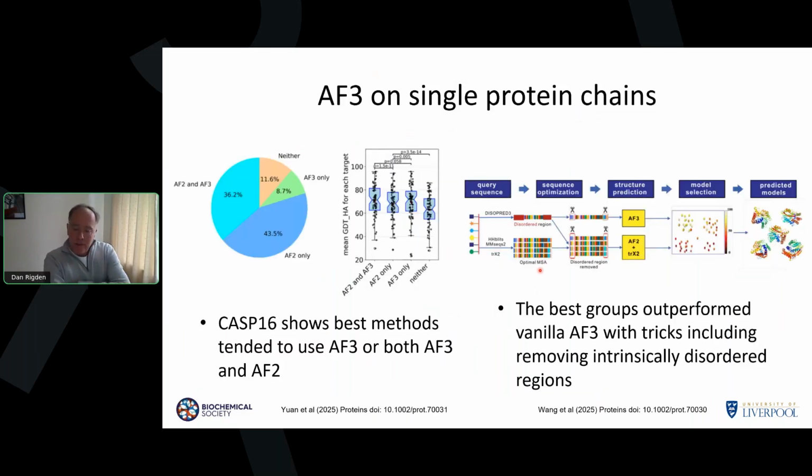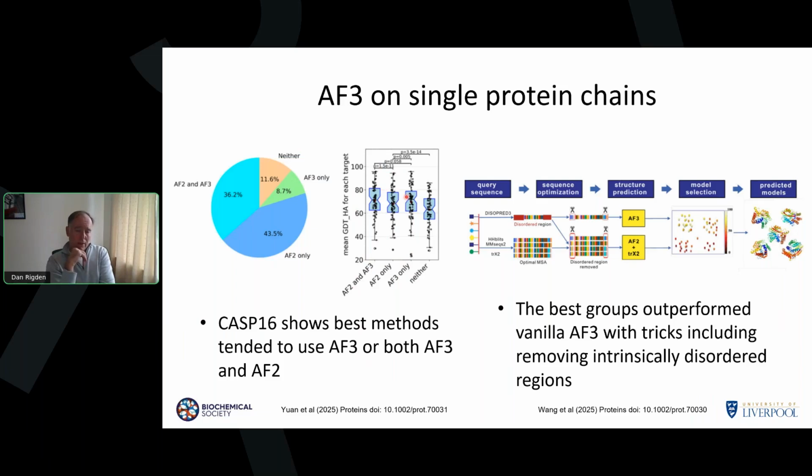So moving on to AlphaFold 3 and various tasks you might want to challenge it with. You might want to be modeling a single protein chain. We could already do that very well with AlphaFold 2, but AlphaFold 3 is a little bit better. That's also the message from the latest CASP exercise, where the groups that used AlphaFold 3 or both did statistically better than the groups that just used AlphaFold 2.